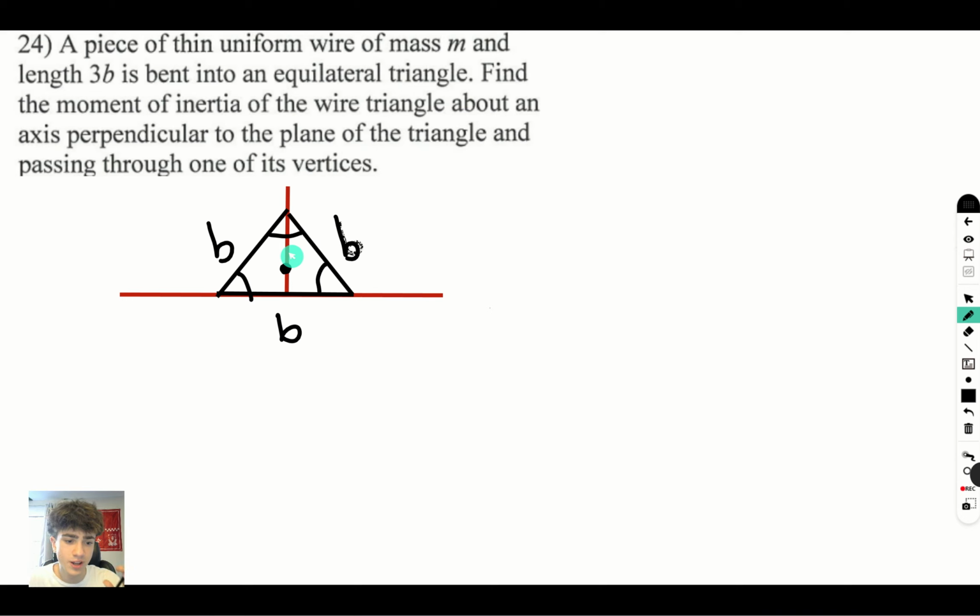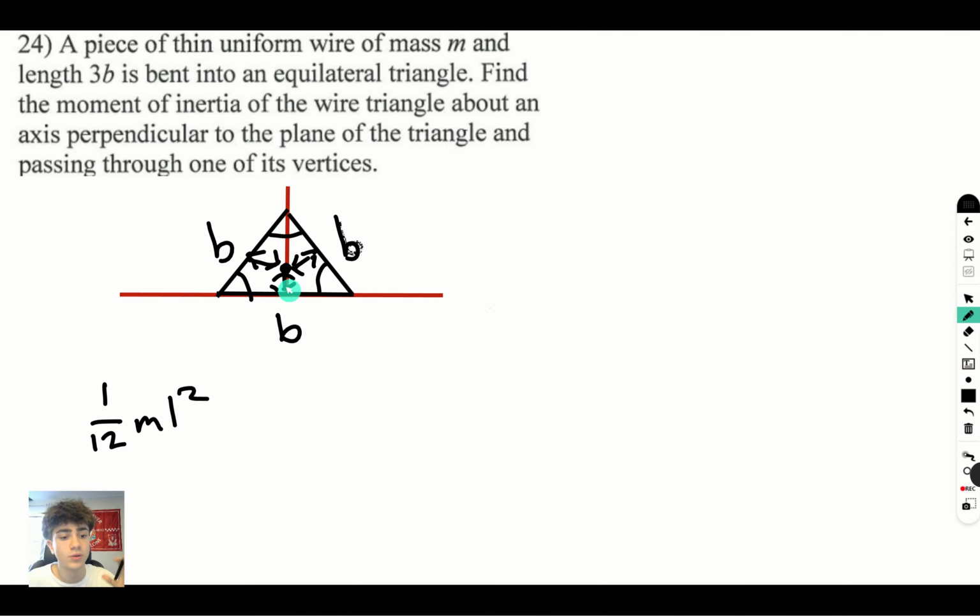So we know that the inertia of one thin rod is going to be 1/12 ml squared, but this only applies when the rod is rotating around its center, which as we can see is not the case, as all of the rods are a certain distance away from the center of rotation.